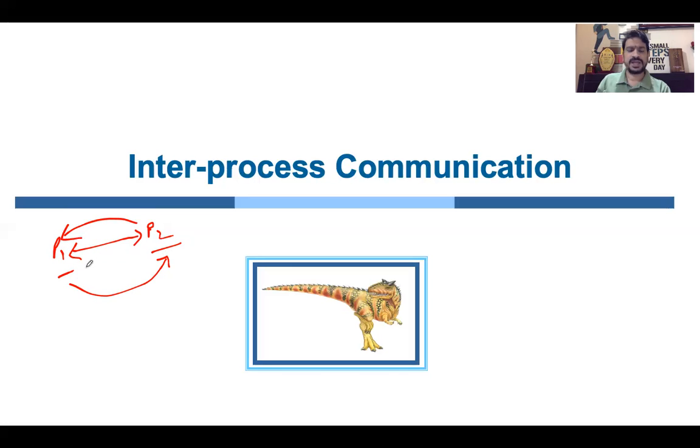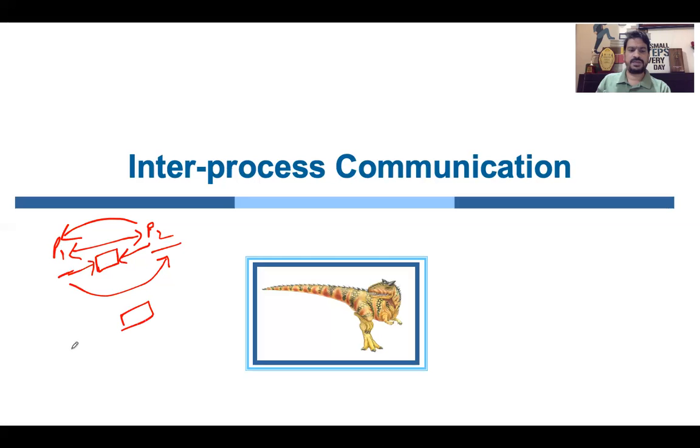Or let's talk about some shared memory, where P1 is doing some updating in the shared memory, and P2 is also sharing the same memory and updating something, or it is taking the updated thing. It is also possible, right?